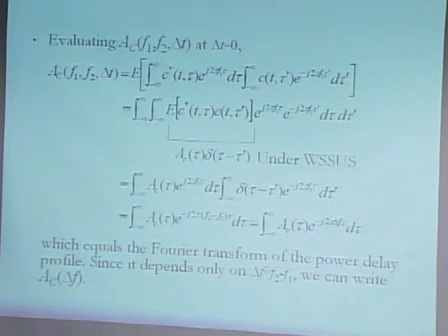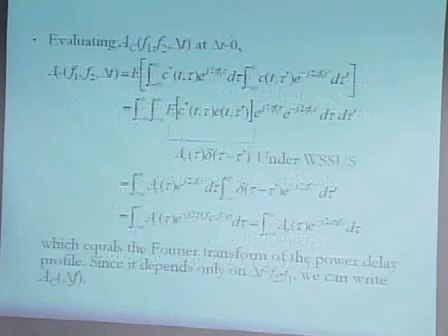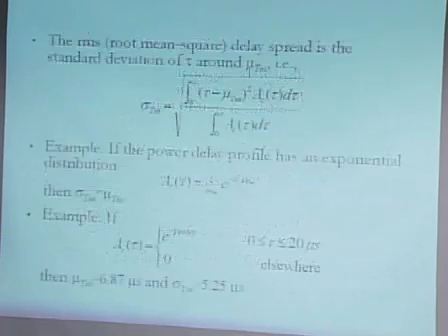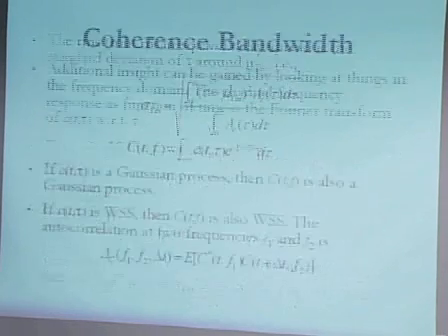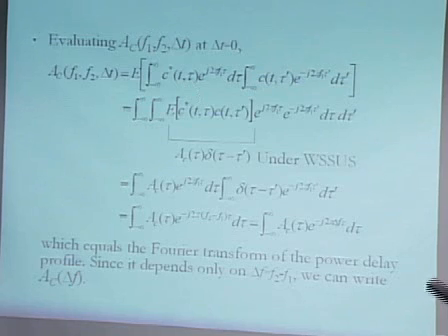So we found that the autocorrelation of capital C, the frequency response, is equal to the Fourier transformation of the autocorrelation of little c, the power delay profile that we studied before. This guy over here. So what we found before, we just Fourier transform it, and we get the autocorrelation of two frequencies spaced by delta f.